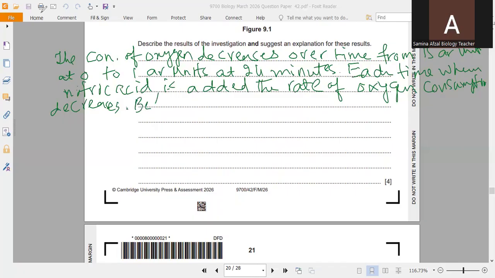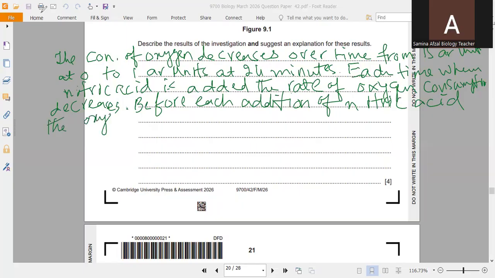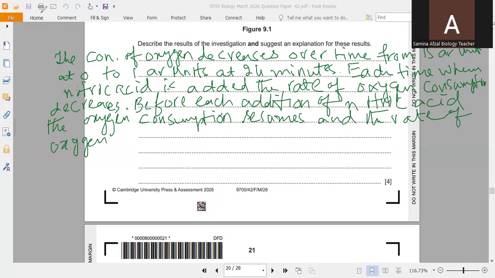A bit before each addition of nitric oxide, the oxygen consumption resumes, and the rate of oxygen decrease is sequential.